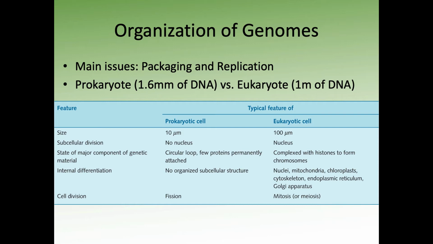And the replication processes differ too, where eukaryotic cells have some very explicit replication and cell differentiation processes such as mitosis and meiosis, whereas prokaryotic cells are a little bit more free in the process that they undergo in fission.